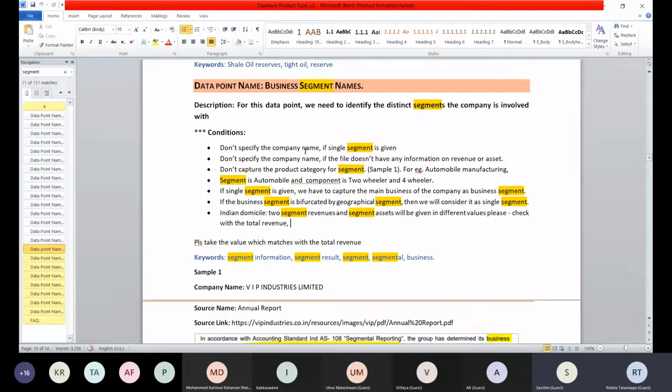If they say they have a single segment, you should not put the company name as the business segment name. Did you get my point?